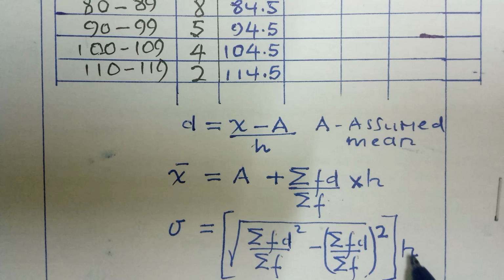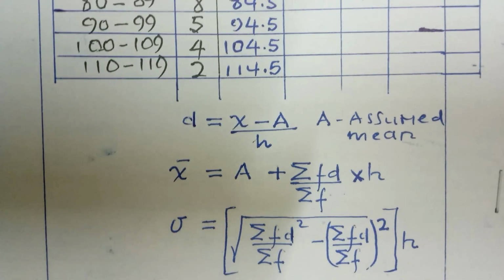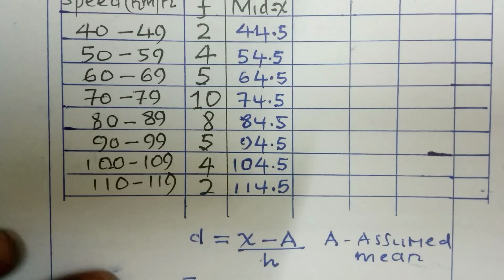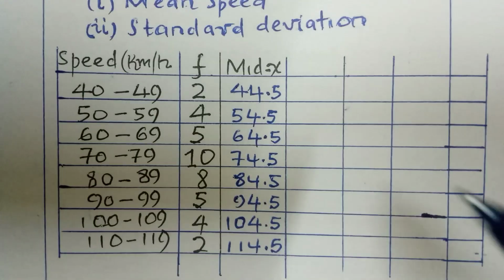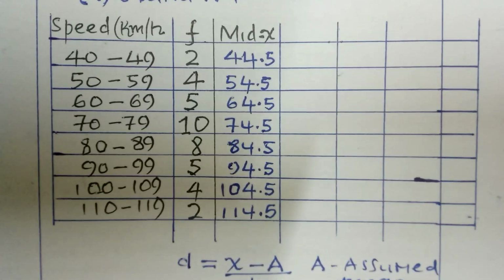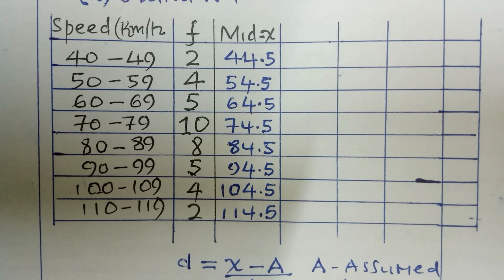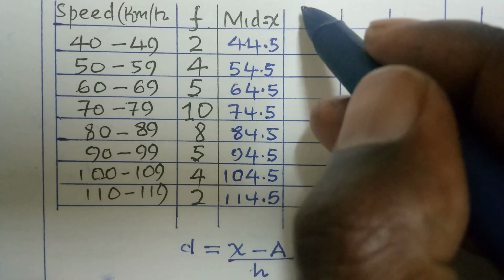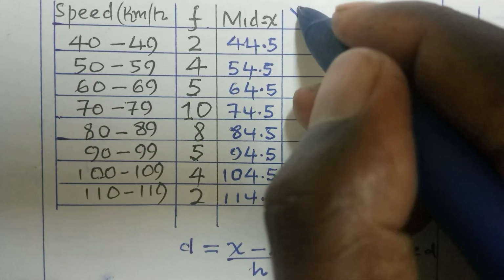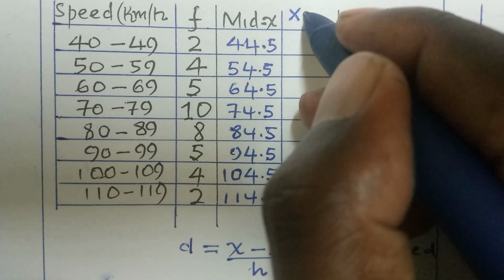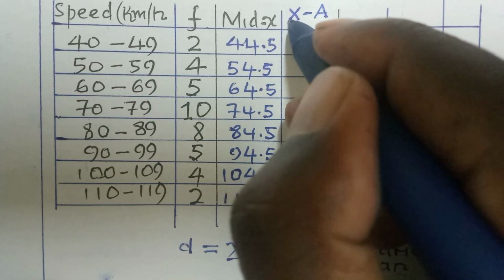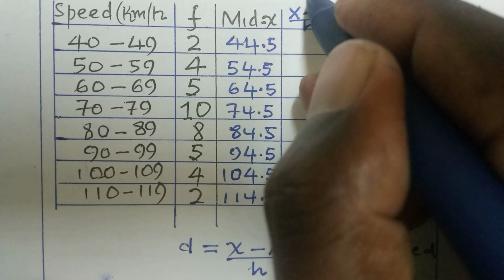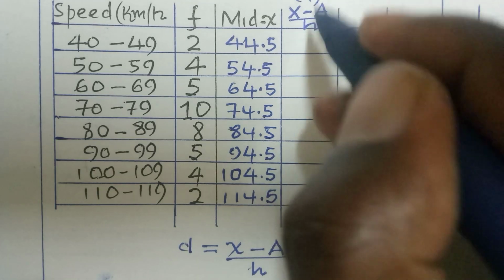And that one can be done by multiplying both of them by H. So guys, after establishing that, we can now come and look for what we need to have now. We need now to have the D. And the D we can put it here, and it's X minus A over H. Guys, that is our D.